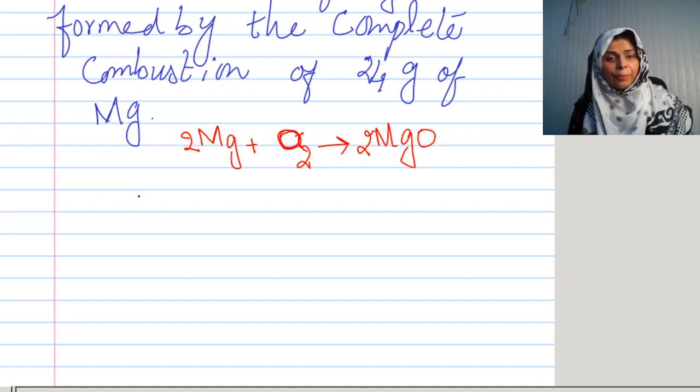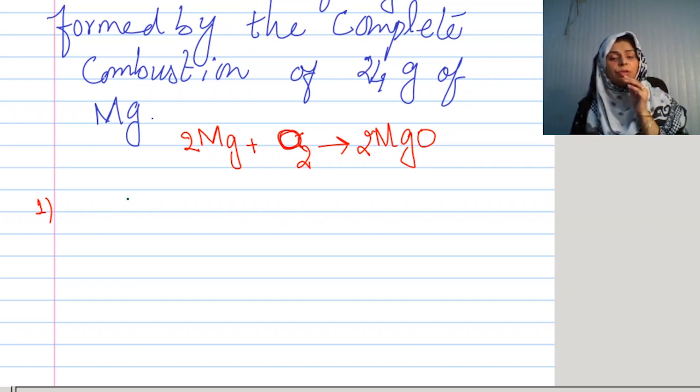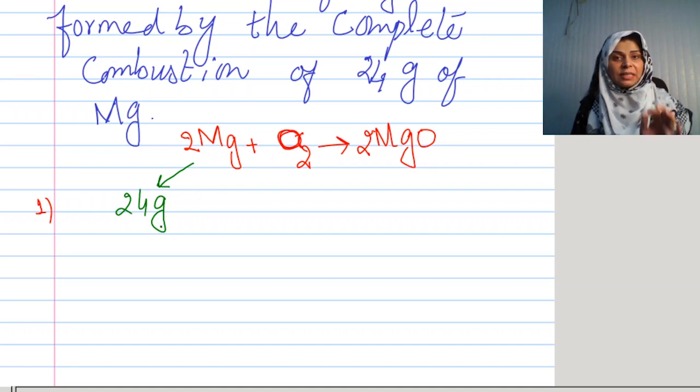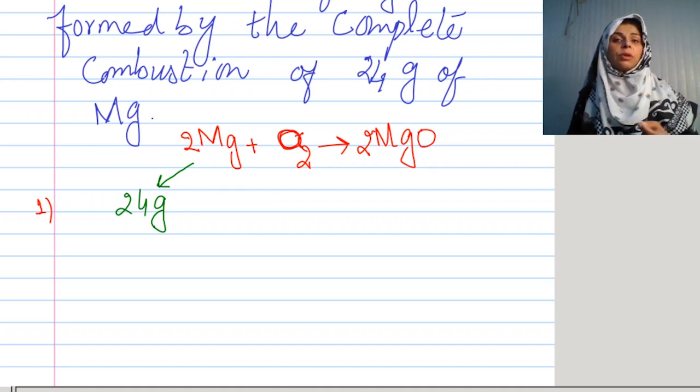That 24 gram. So remember one thing, whenever you have an amount in grams, it means that we have to calculate the moles. First step, whatever values are given, we have to calculate the number of moles.